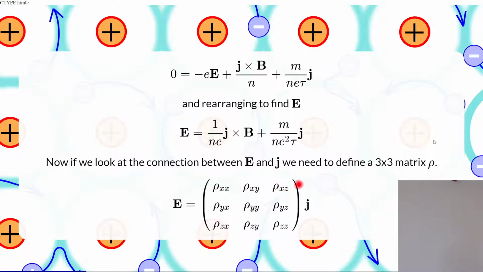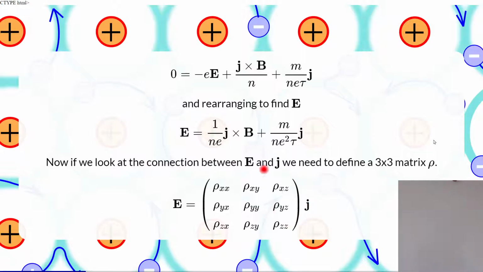Essentially, what it means is that the electric field and the current, when we've got a magnetic field in this system, are no longer directed in the same direction, because the magnetic field is making the drift of the electrons curve. It couples the perpendicular direction to the electric field.